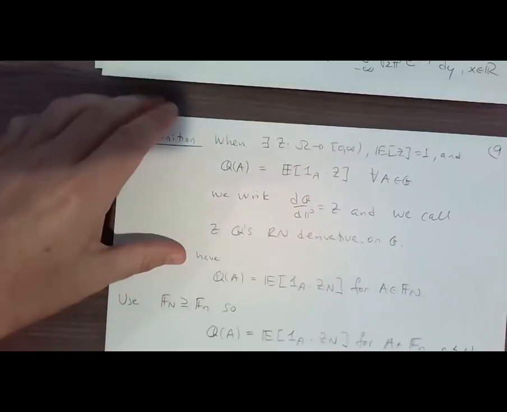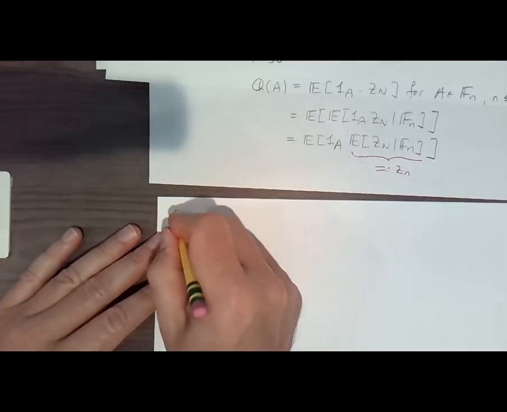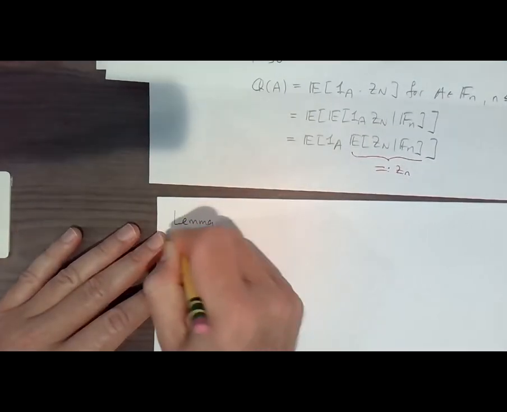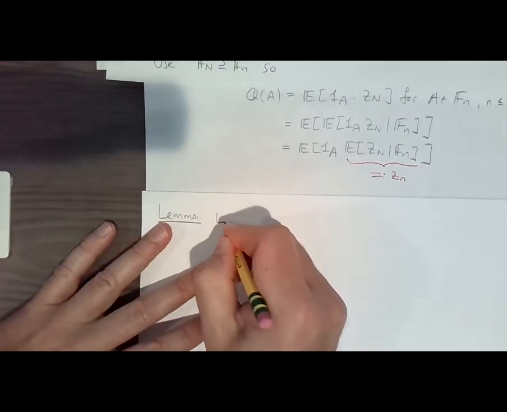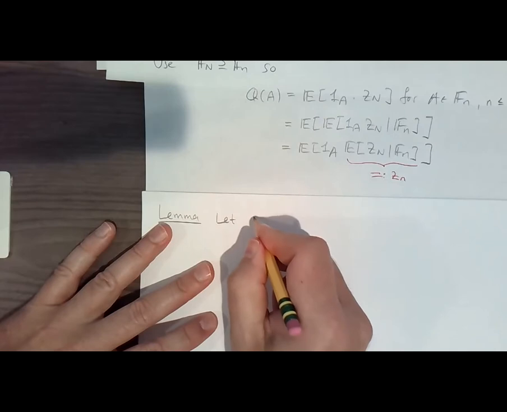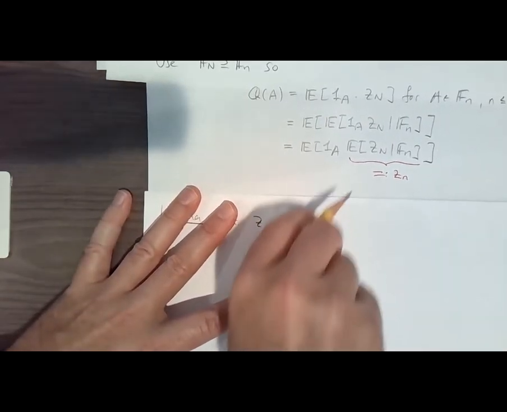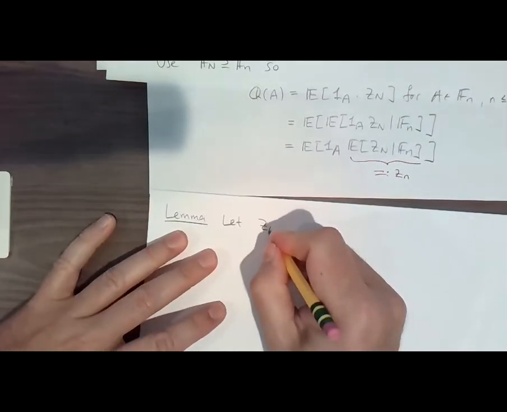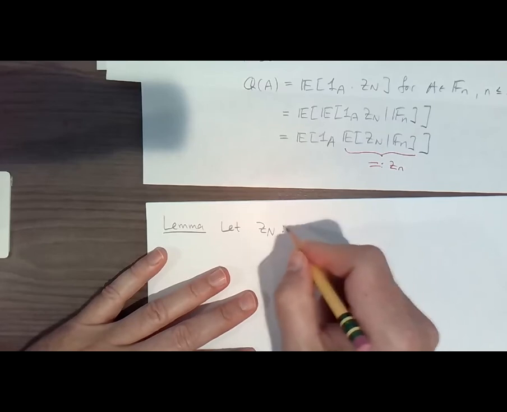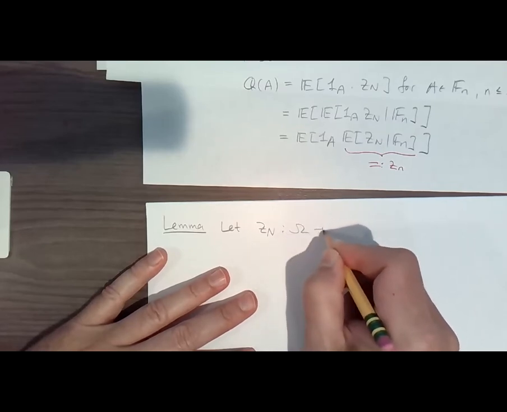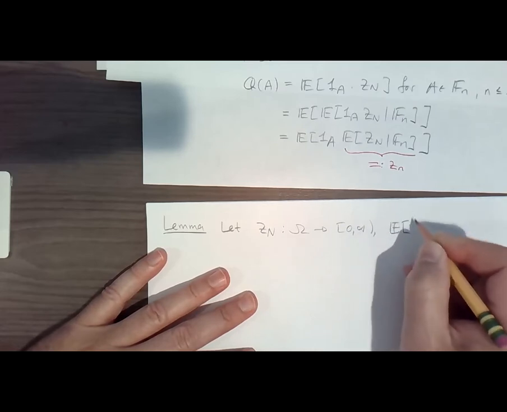And so the miraculous thing is, this is a little lemma. It says, let C capital N be a Radon-Nikodym derivative, so let it be a random variable that goes from omega, say that it's positive, and say that it has expectation 1.